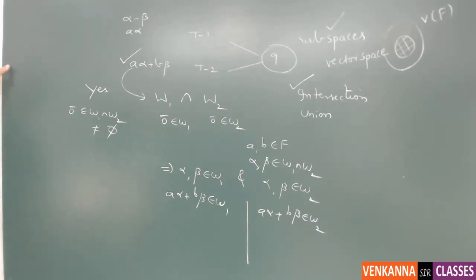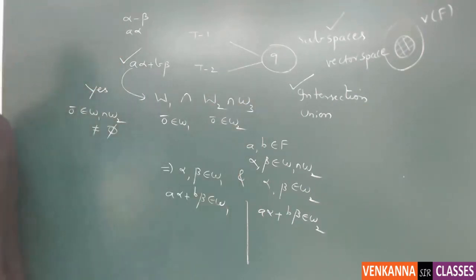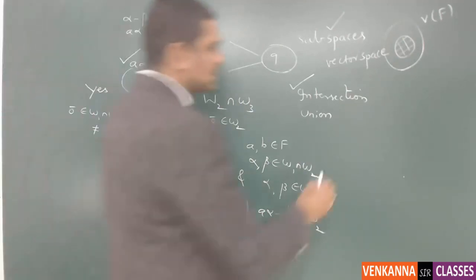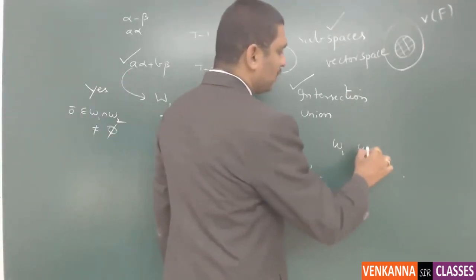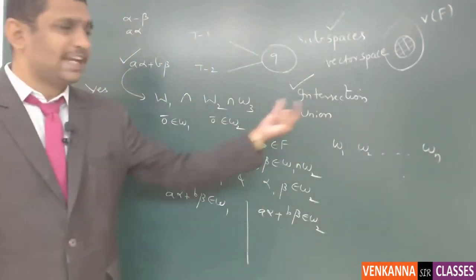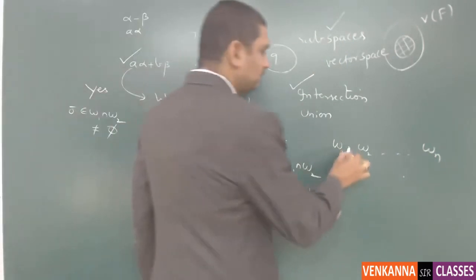So you can extend this type of context to n number of sets. You can prove that W1 intersection W2 intersection W3 is a subspace. Similarly, you take n subspaces W1, W2, and so on, Wn, and you consider all the common intersection.